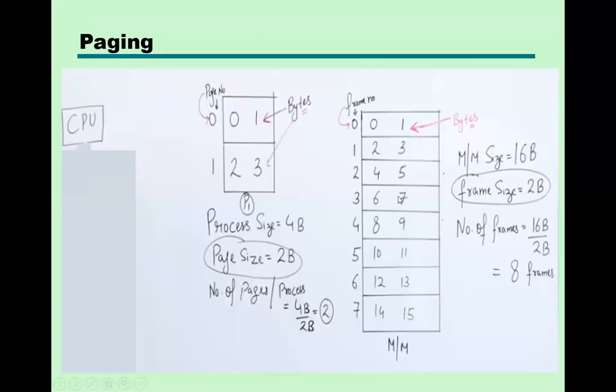As we know, main memory has frames, and the frame size and page size must be the same. So 16 byte divided by 2 is equal to 8. How many frames are required? 8 frames are required.